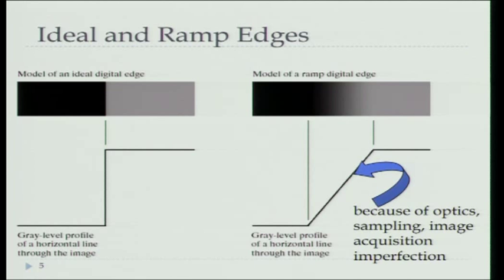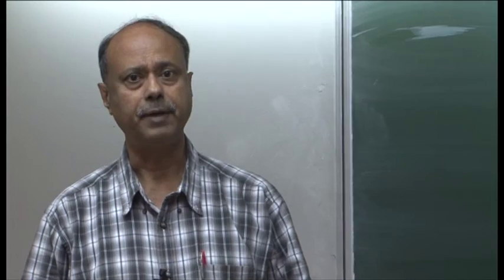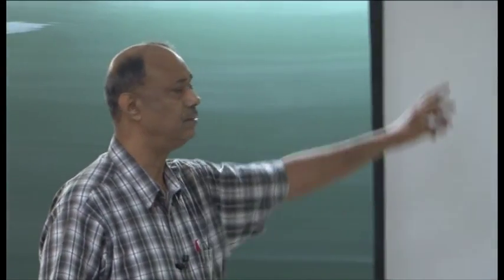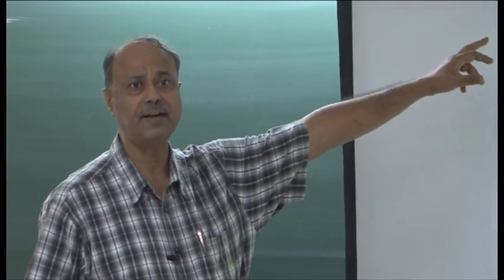Now, thickness of an edge is dependent on the length of the ramp. Again, length of the ramp is dependent on the slope of the ramp, right, and slope of the ramp is dependent on the blurring factor.